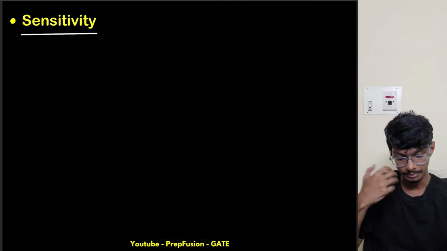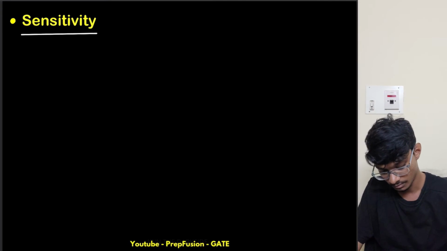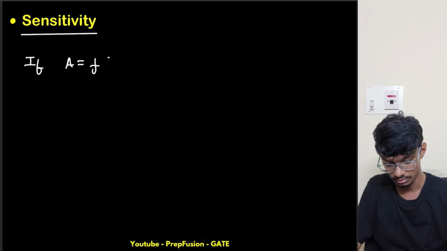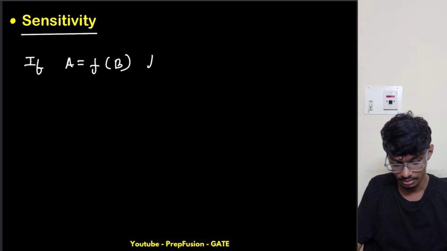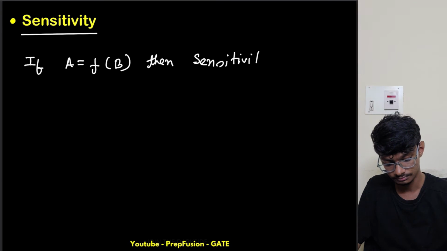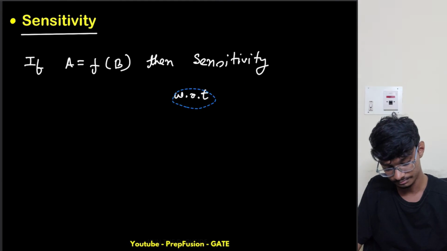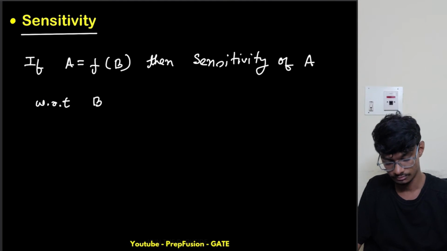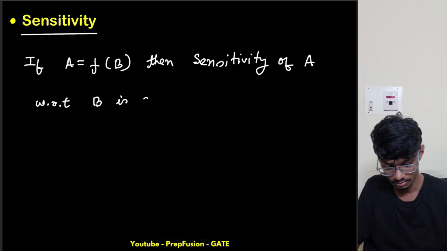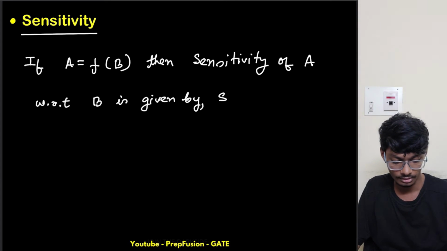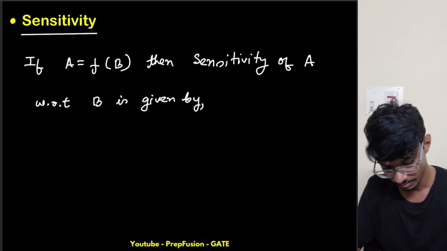Let me write the mathematical form, right? Let's say we have one variable a that is a function of another variable b, then the sensitivity of a with respect to b is given by this.